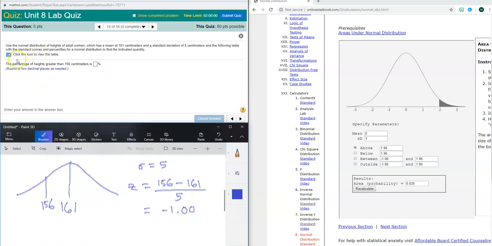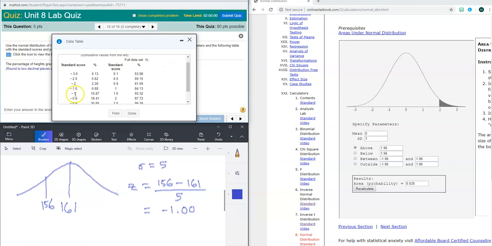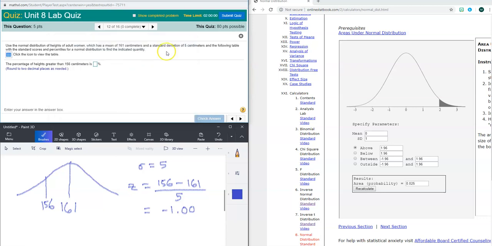That's a z-score. So you would come up here and click on the table and find the -1 standard score and realize that it says right next to it 15.87%. Well, all of these percentages in this table are percent below. That's real important, percent below. So that would mean that 15.87% of the heights are below 156 centimeters.